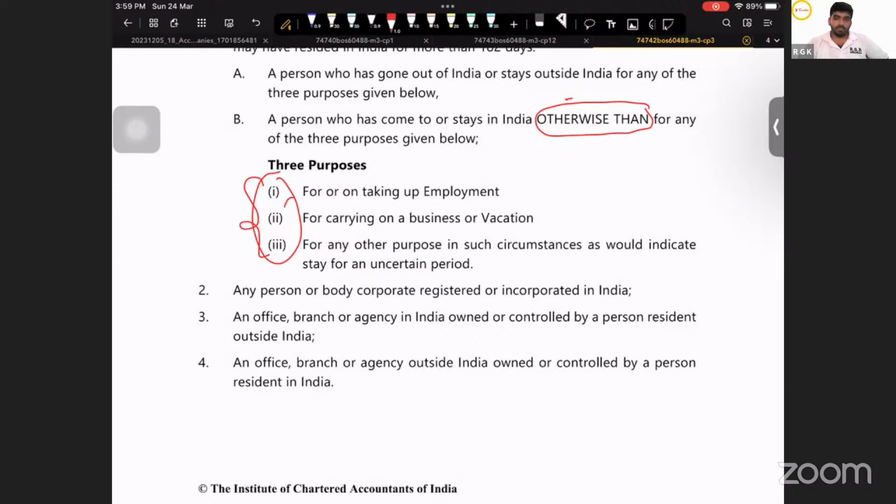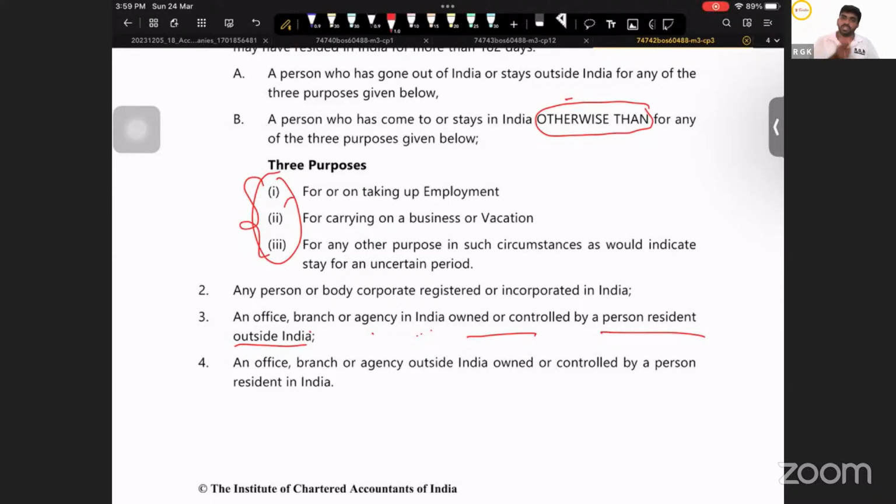This is important. The office must be in India, or the branch must be in India, or the agency must be in India. An office, branch, or agency outside India, owned and controlled by person resident outside India, will not come under the radar of FEMA. So we are not classifying it as person resident in India. We'll be classifying it as person resident outside India.